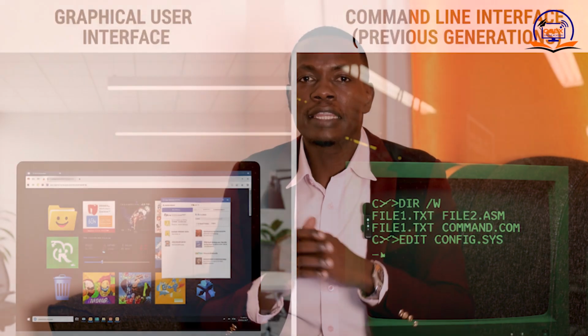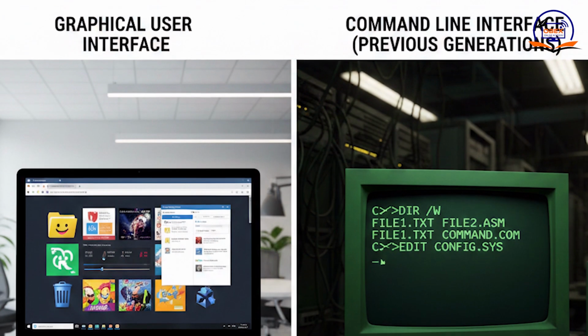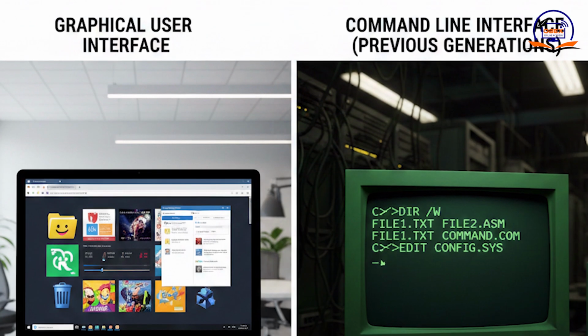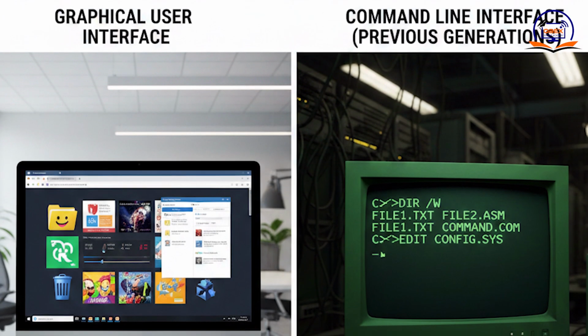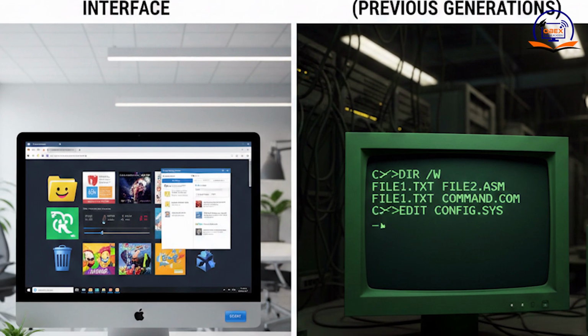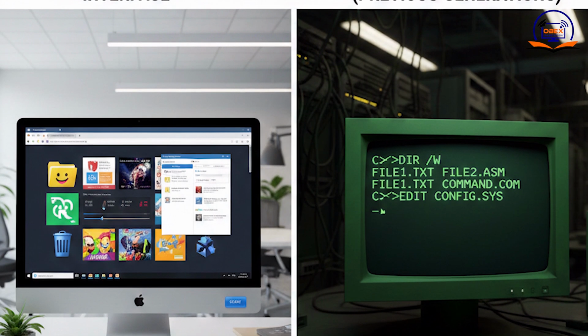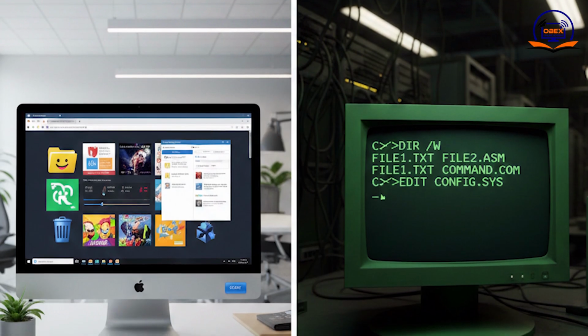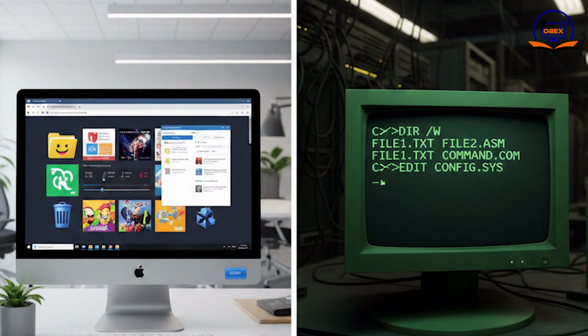And one of the greatest inventions that we got in the fourth generation, number one, we got the graphical user interface, something we call GUI, the graphical user interface. Initially, did you know that computers used a command line interface? It was very difficult to use and work with a computer. Unlike now, computers use a graphical user interface. A graphic is a picture on a computer. So a graphical user interface is an interface that uses pictures or images to represent commands.